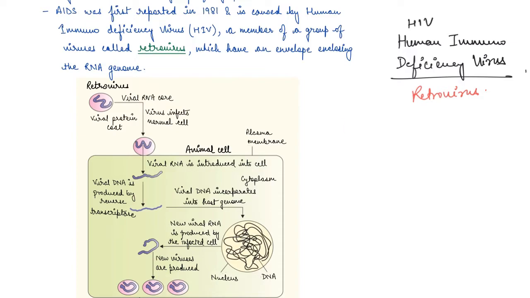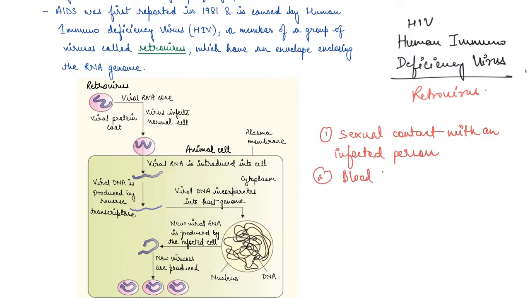One is sexual contact with an infected person. Two, blood transfusion of HIV contaminated blood.